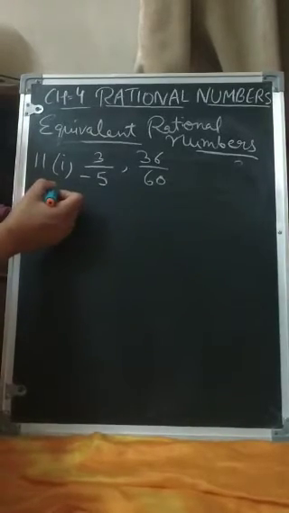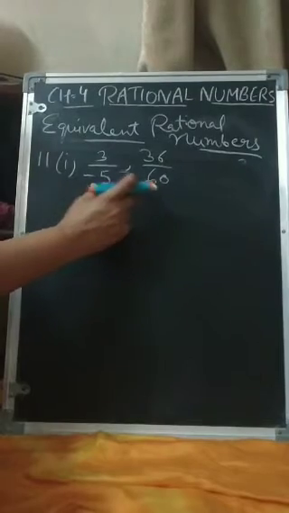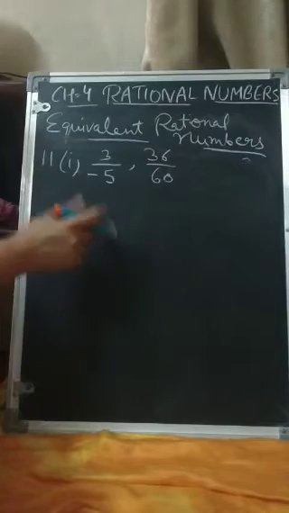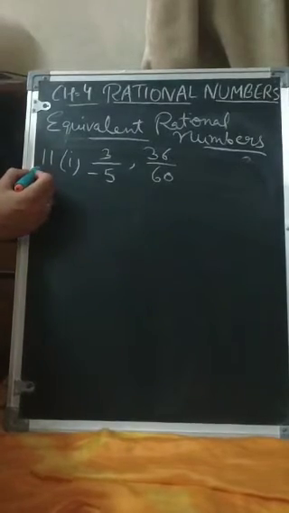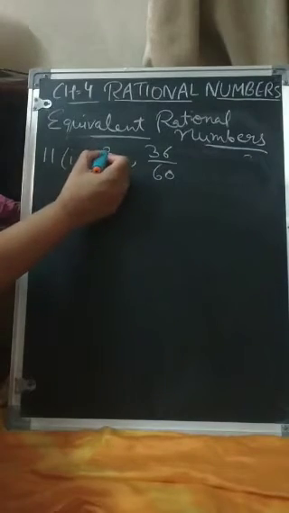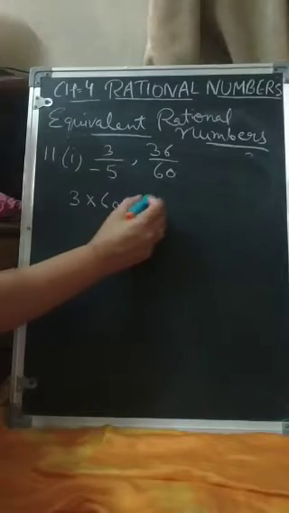Now the question is, when 2 rational numbers are given and we have to identify whether they are equivalent or not equivalent, what is the method? This is the 11th question of your exercise. First of all we will multiply the numerator of this with the denominator of the other. 3 multiplied by 60 is 180.